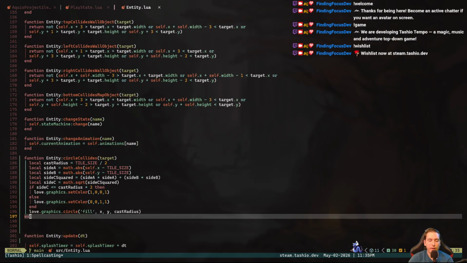Yeah, because ideally all we do is say, if aqueous is cast here in the entity update, we're going to say, okay, well, if aqueous is casting, let's go ahead and cycle through the given projectile with any given entity. So we kind of have to cycle through all the entities to check.